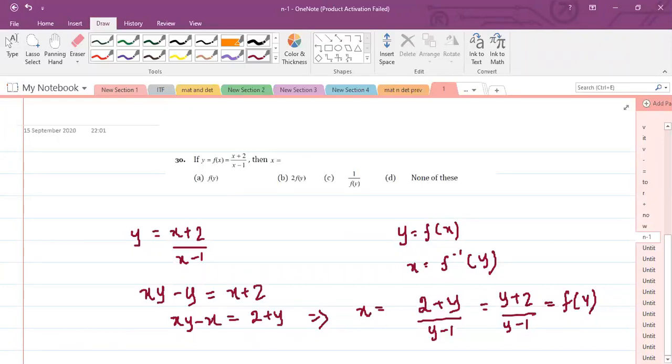Without doing this calculation you can also say the answer here. I have given one shortcut.